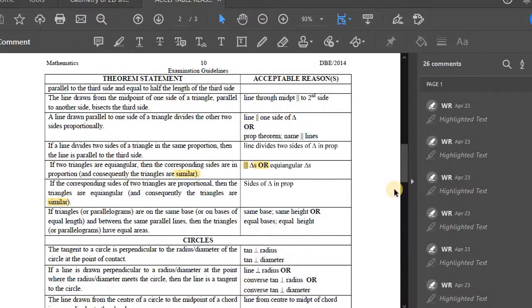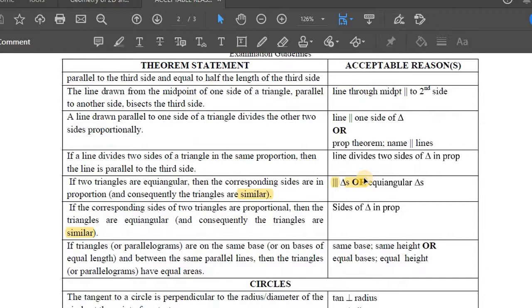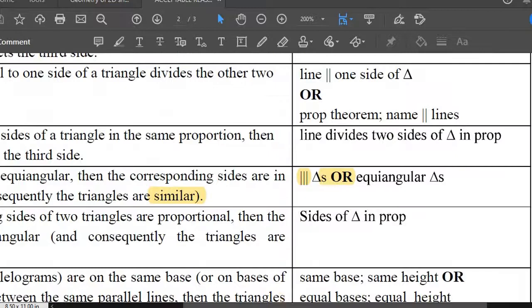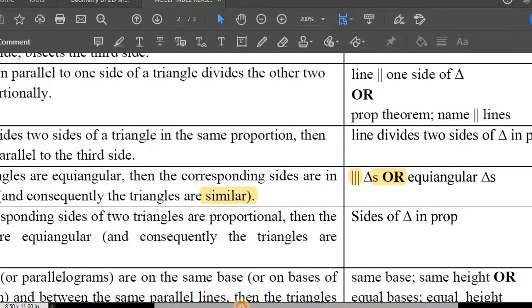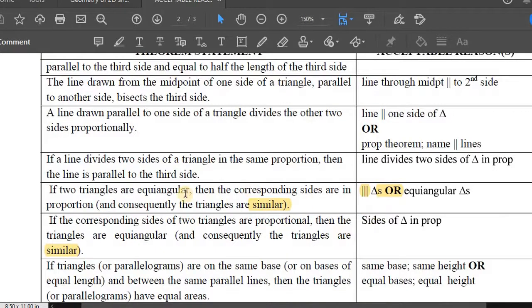Then our reason. Let's go to the reasons sheet here. If two triangles are equiangular, meaning the angles are equal, the reason there is the angle.